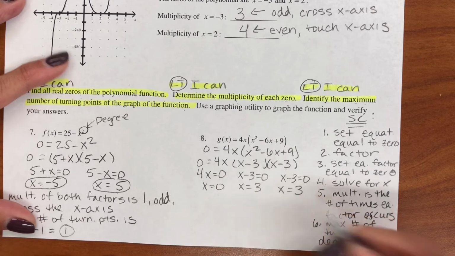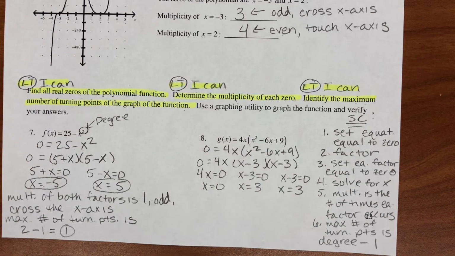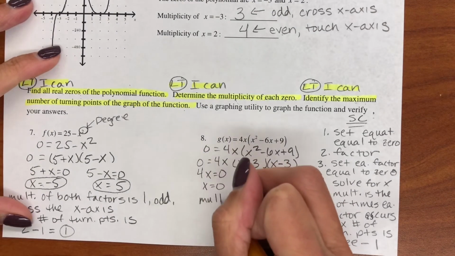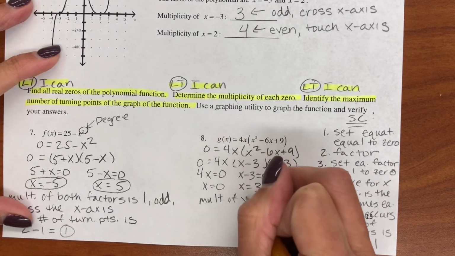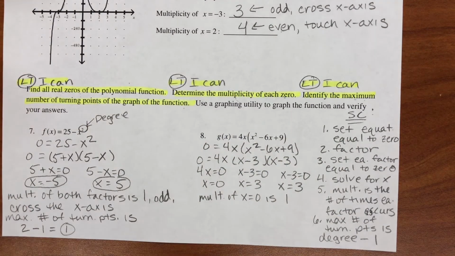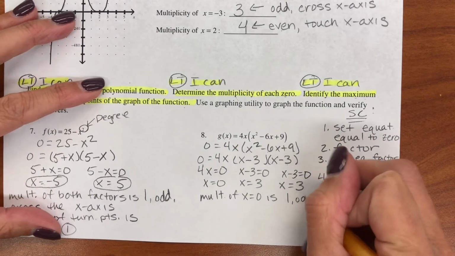Now I'm ready to determine multiplicity. So the multiplicity of x equals 0 is 1, which is odd, so that's going to cross the x-axis.